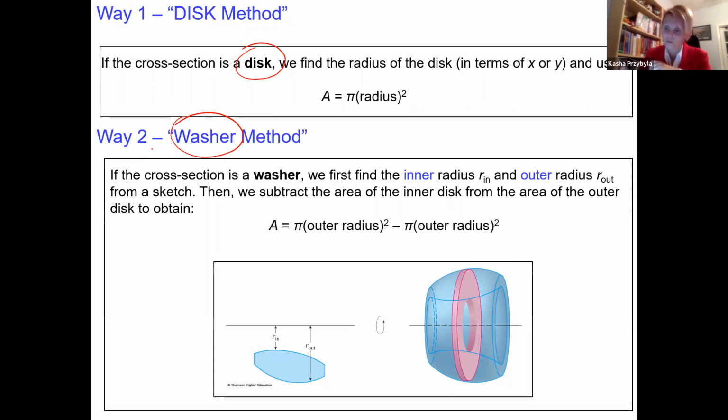That means we can only integrate with respect to x or with respect to y, depending. And that's the volume. Or we can integrate cross-sectional area with respect to x or with respect to y. That's the only thing.